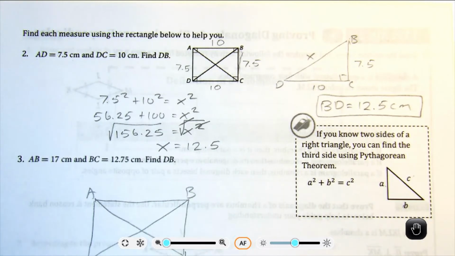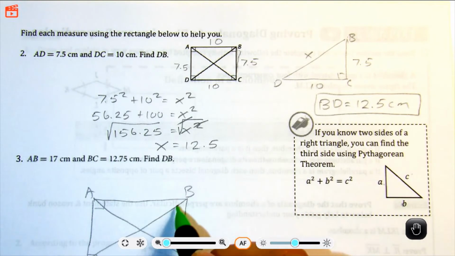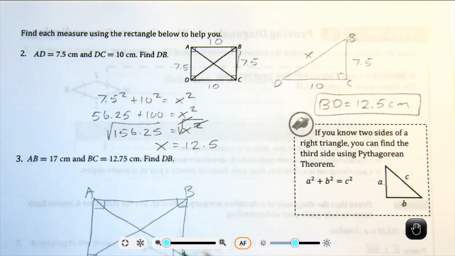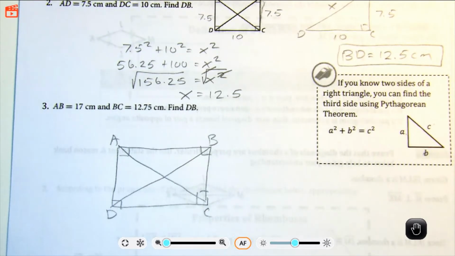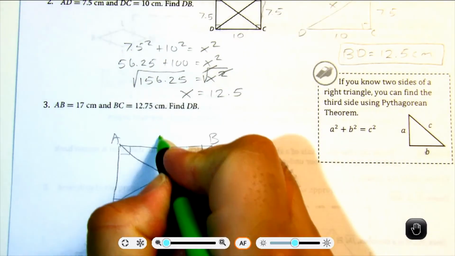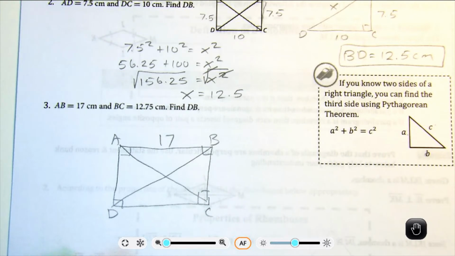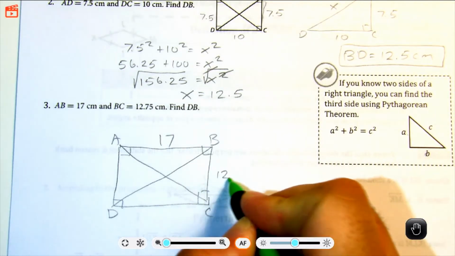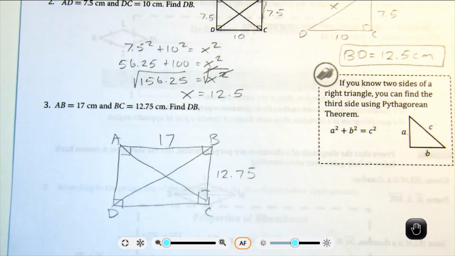And then we know these are right angles. Okay. So the first thing that they tell us is that AB is 17 and BC is 12.75. And they want us to find out what DB is. They want us to find this length.